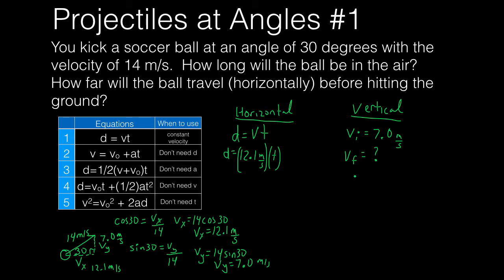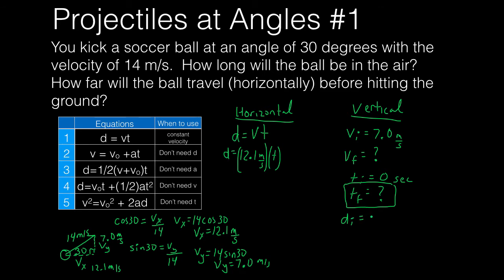I'm just listing everything we know in the vertical direction. Time initial we always call 0 seconds, and time final is really what we're looking for here. Some other things we know in the vertical direction are its displacement, the amount that it was displaced vertically. We're going to call that displacement initial, when you first kicked the ball.